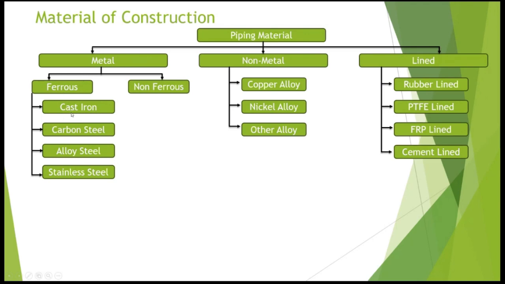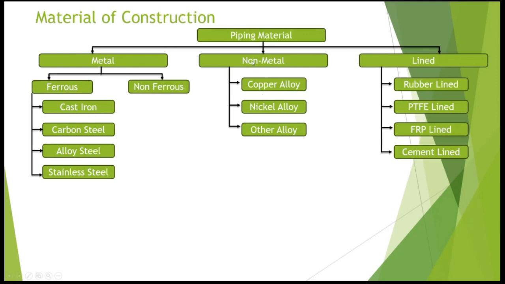When to use these has to be explained in a detailed way. Non-ferrous comes copper alloy, nickel alloy, and other alloys. And in the non-metal, you have, I'm sorry, these three should be under non-ferrous; I mistakenly put them here.